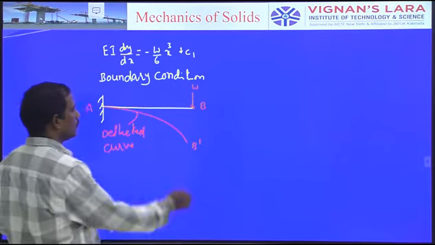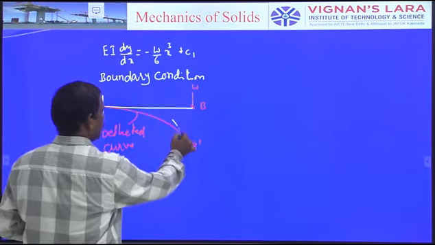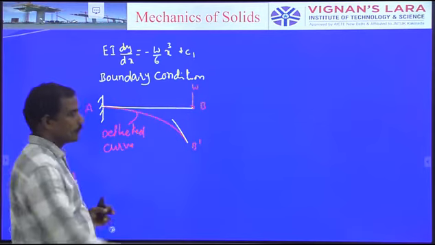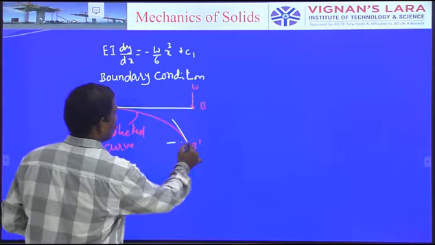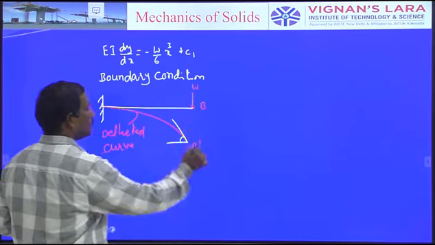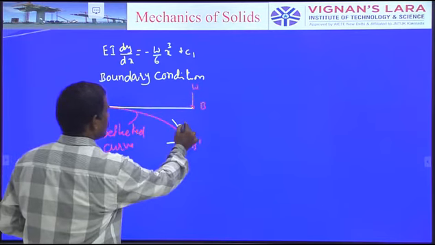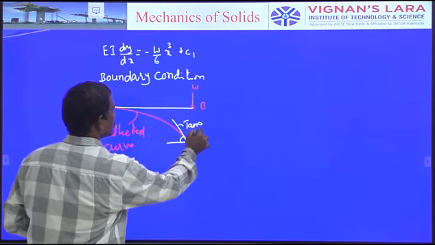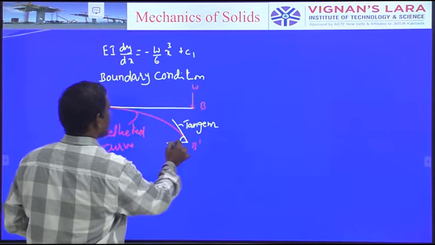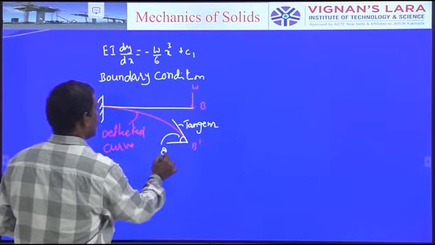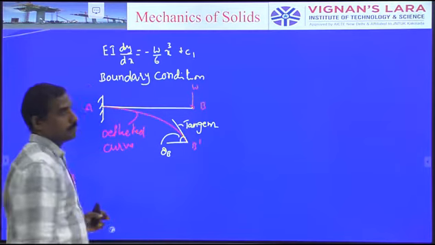As we know, if you draw the tangent at A and at B and measure the angle with the horizontal, this is the tangent. This is called theta B, for example.